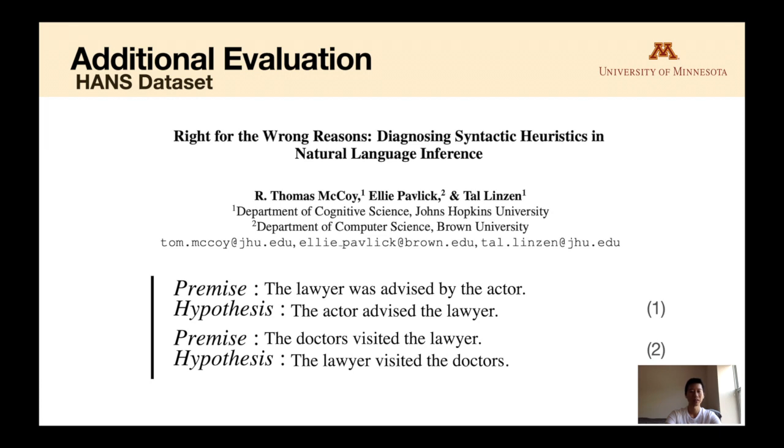underlying generalizations. They proposed that if the model uses the heuristic learned in 1, it incorrectly predicts entailments for 2. This is the case of lexical overlap, which is mentioned in the paper. The lexical overlap disregards the order of the words in the sentence and considers only their identity, that is, lawyer and doctors.